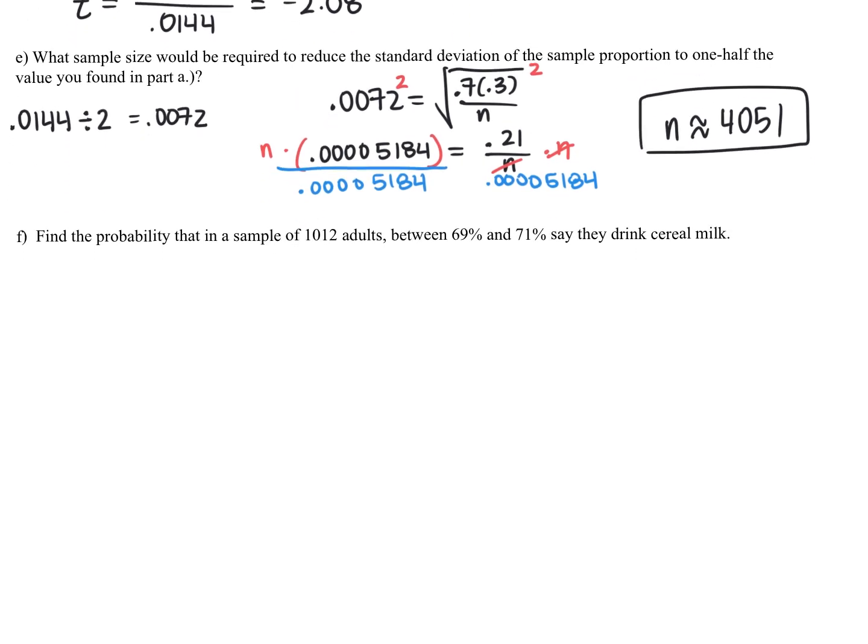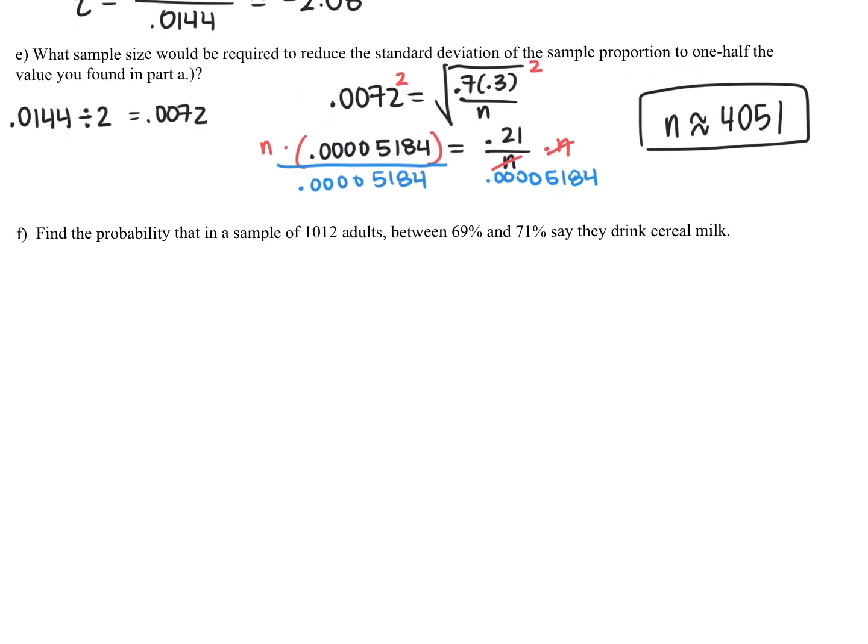Okay. Now let's go back to our normal sample size of 1,012 adults, and we want to find the probability that between 69 and 71% say they drink cereal milk. That's the probability that 0.69 is less than or equal to p hat is less than or equal to 0.71. All of our conditions are still met.